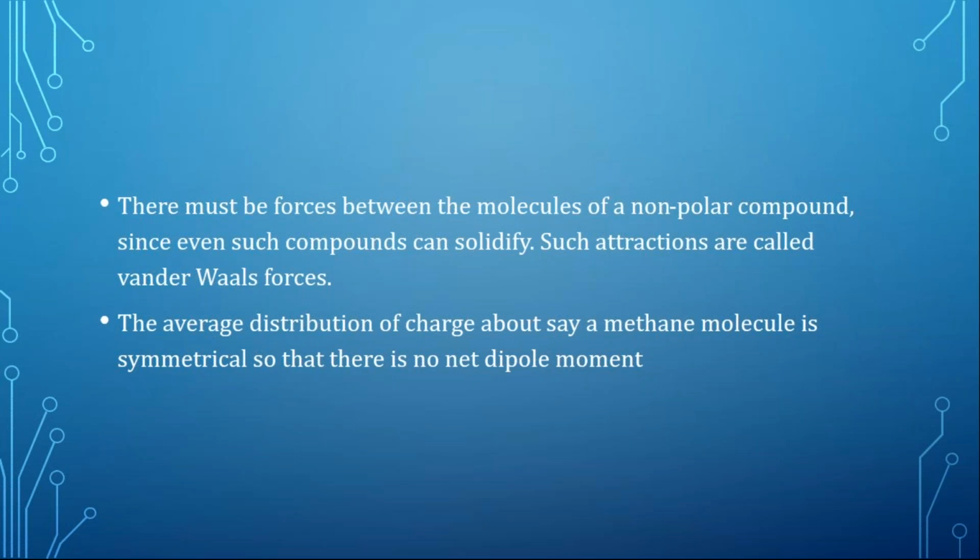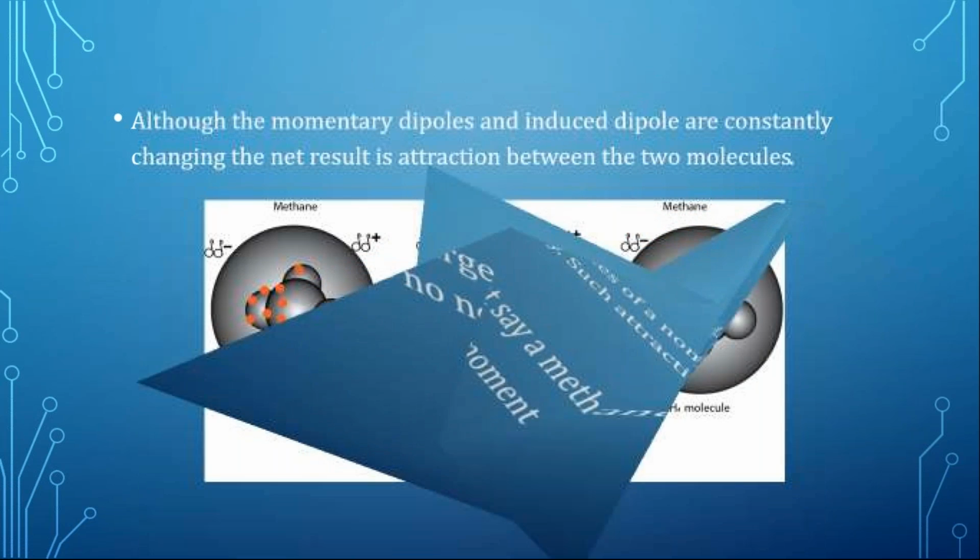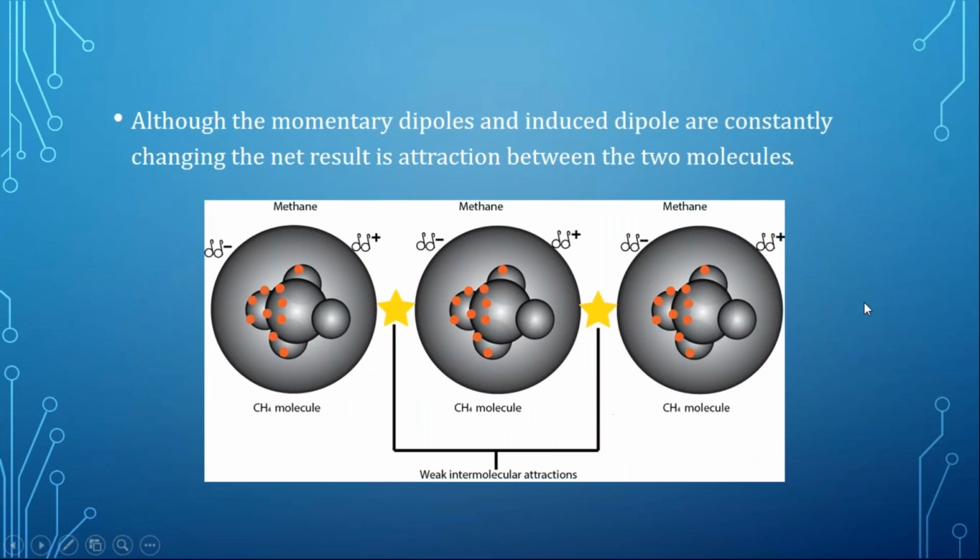The existence of these forces is nothing but van der Waals forces. For example, if you take a methane molecule, the average distribution of charge is symmetrical, so there is no net dipole moment.